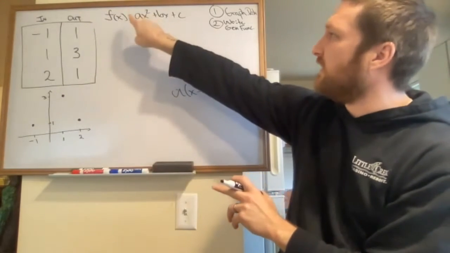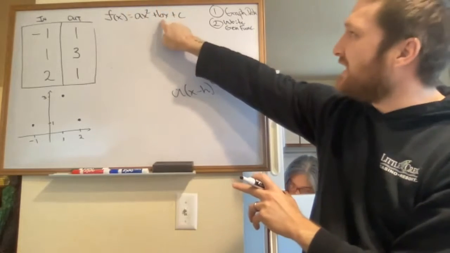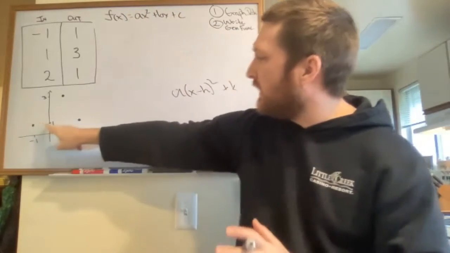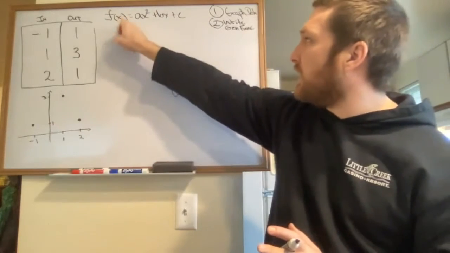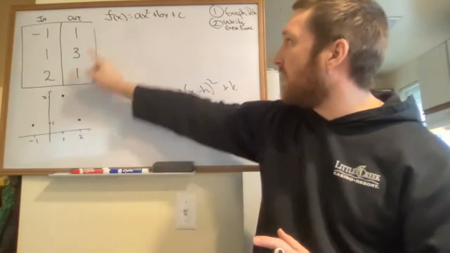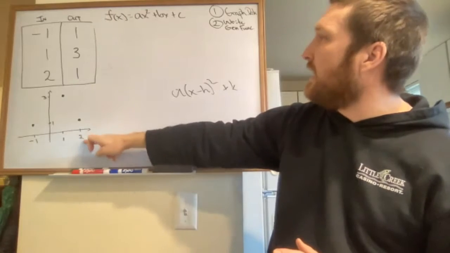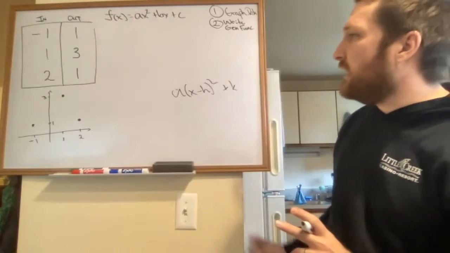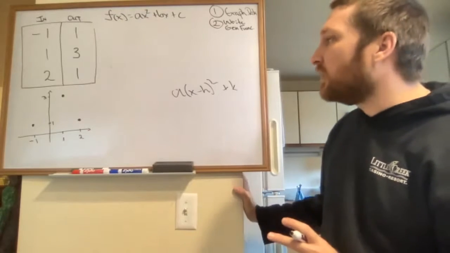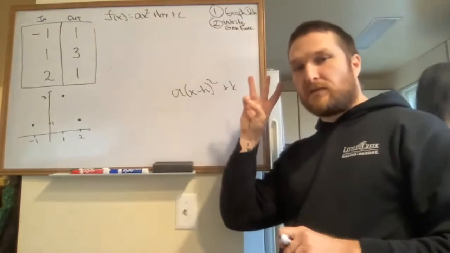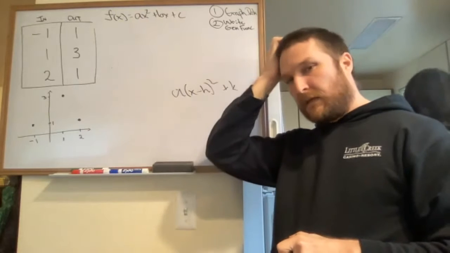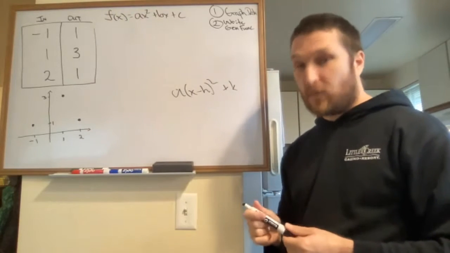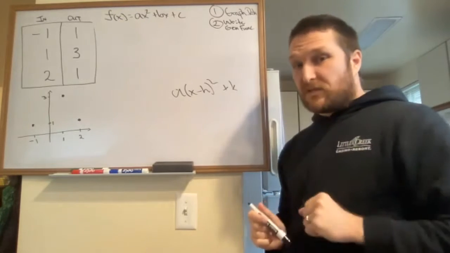Right now, we're trying to find a value of a, a value of b, and a value of c, so that when I plug in a -1, I get out a +1. When I plug in a +1, I get out a +3. And when I plug in a 2, I get out a 1. And it turns out that we are going to need 3 equations to solve for this. That's just in general. Anytime you have 3 unknowns, you need 3 equations to determine those.